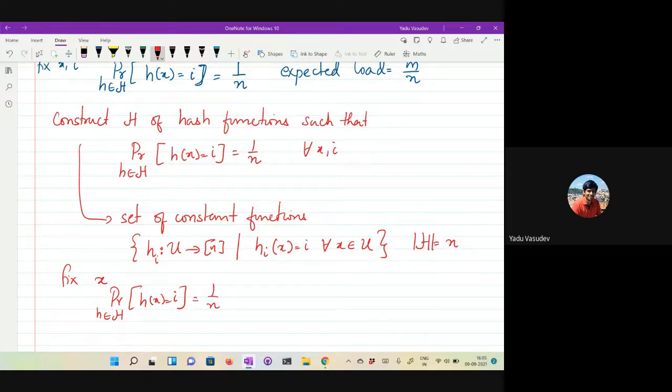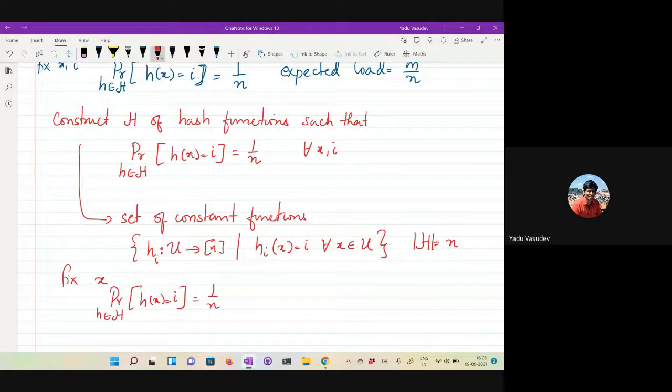So the set of constant functions always satisfies the condition that the way they map elements into bins is completely uniform. But this is a very bad set of hash functions, because why would you want a hash function where you map every element to the same element? That will just create a lot of collisions.